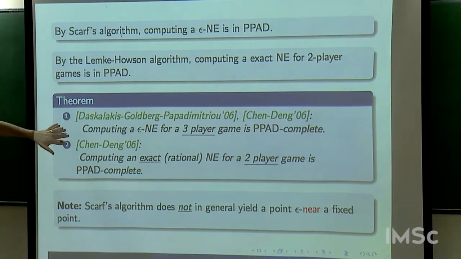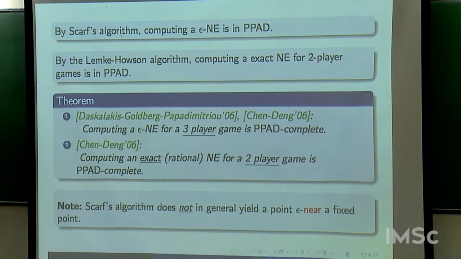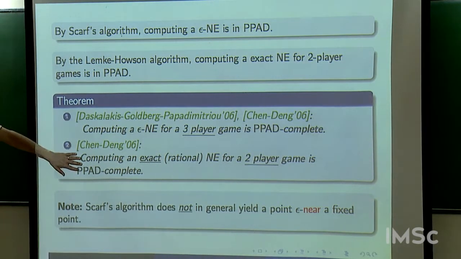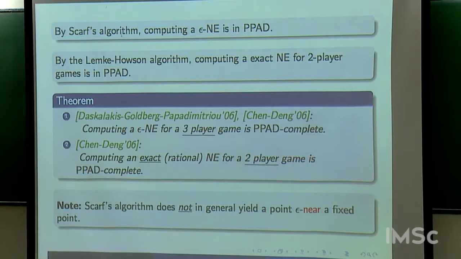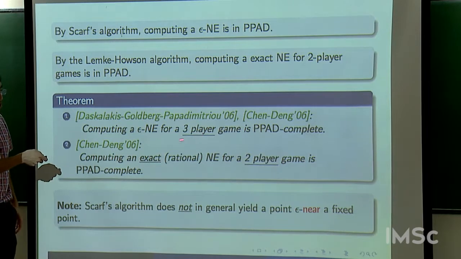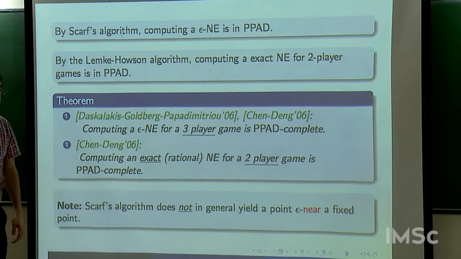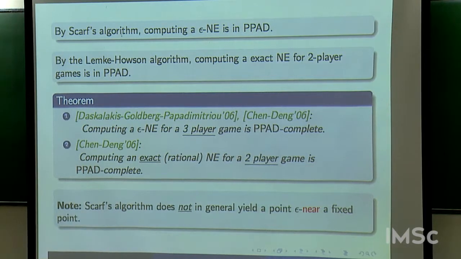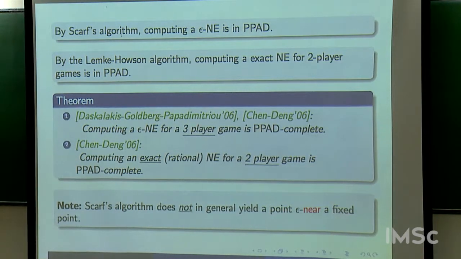And there was this celebrated result by Daskalakis, Goldberg, and Papadimitriou, and by Chen and Deng. Chen and Deng also did the exact version for two-player games. It shows that computing an epsilon Nash equilibrium for a three-player game is PPAD complete, and computing an exact rational Nash equilibrium for a two-player game is PPAD complete. But as I pointed out, unfortunately, Scarf's algorithm does not, in general, yield a near approximation of a fixed point.